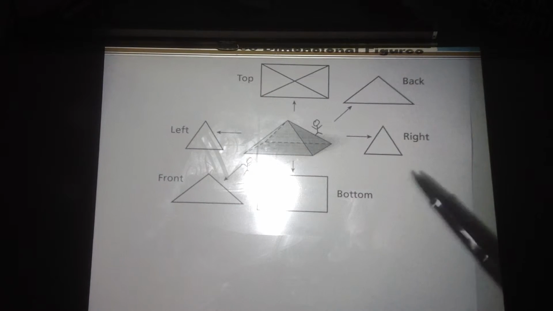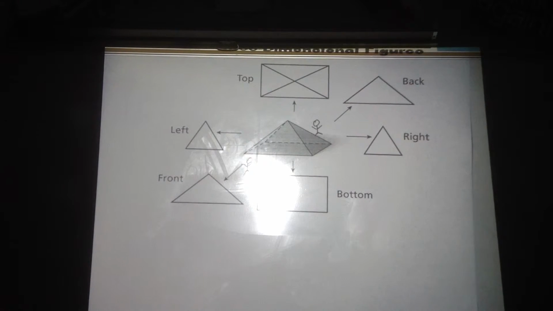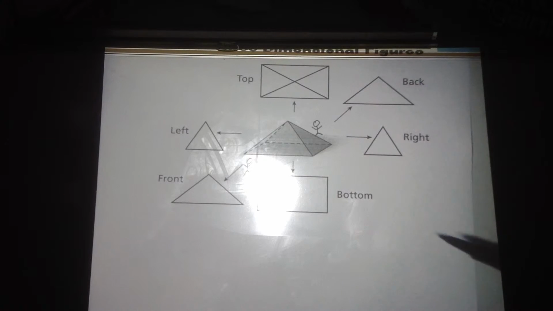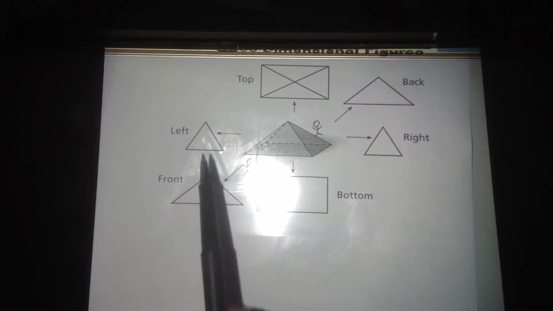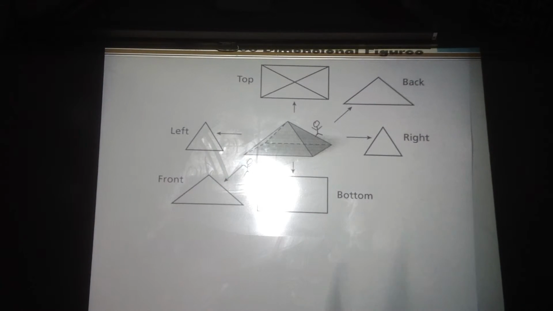Now you'll notice that for this particular pyramid, because it's a rectangular pyramid as opposed to a square pyramid, my front and my back triangles are larger than my left and my right triangles. So again, if I stand on the left or on the right, it's going to look like one of these 2 equilateral triangles.